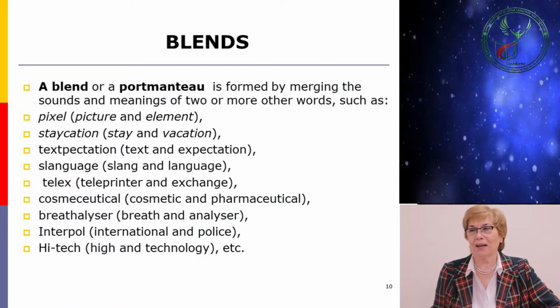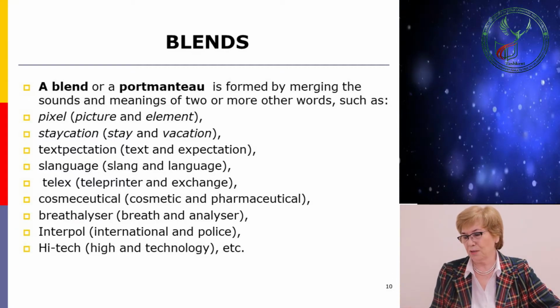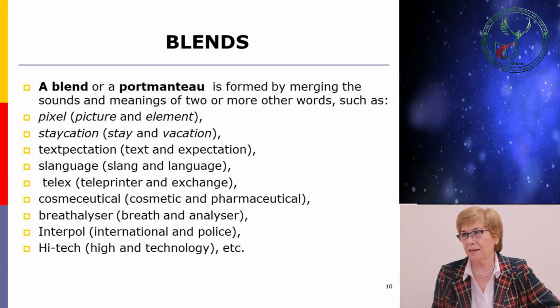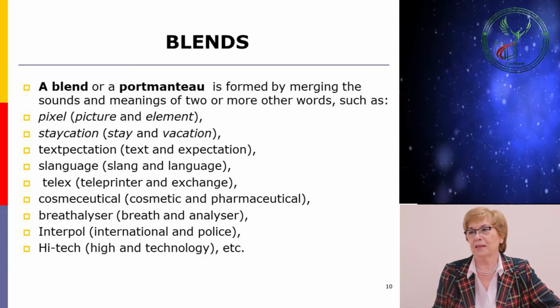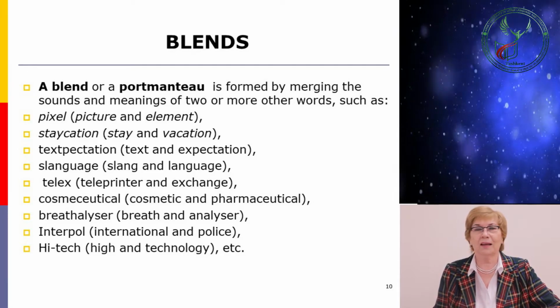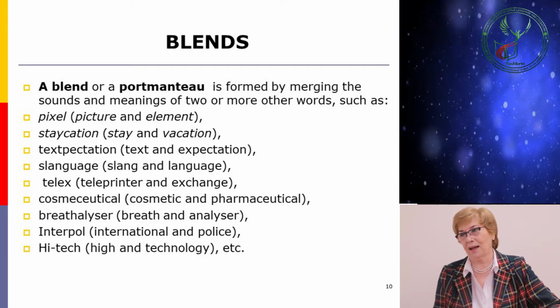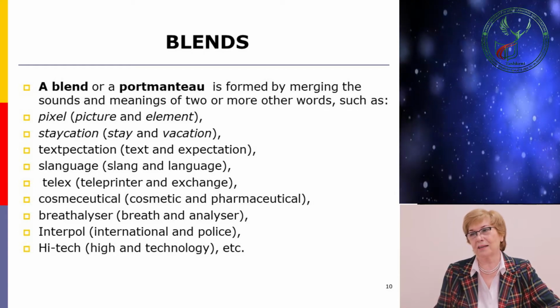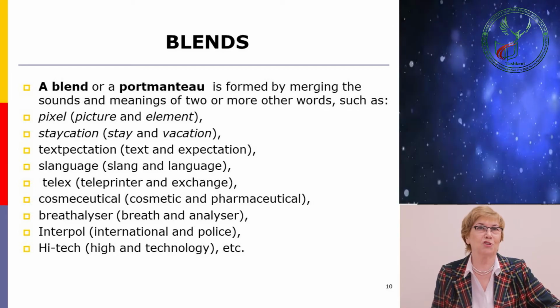It cannot be interactive. Here are the words which I made from those examples which I gave you in the previous slide. Pixel is made from picture and element. Textpectation is made from text and expectation. Slanguage is slang and language. Telex is from teleprinter plus exchange.